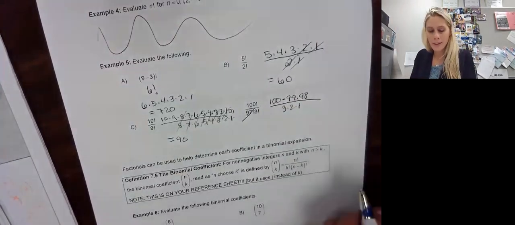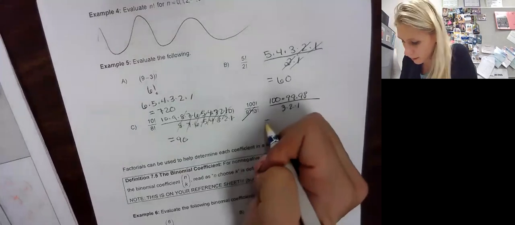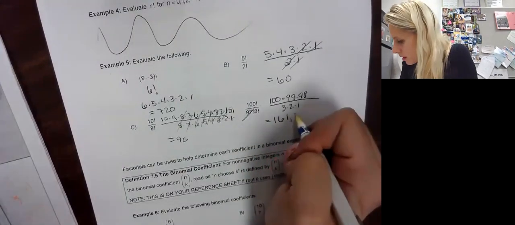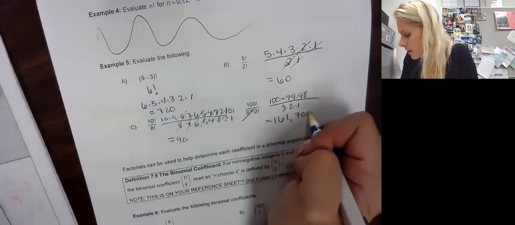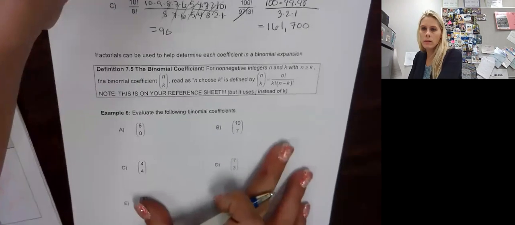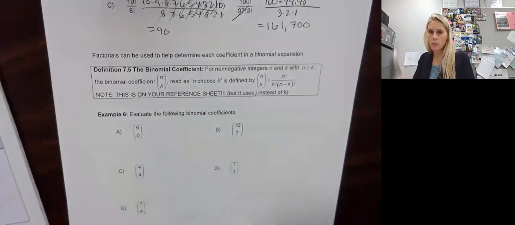And now I can calculate that out in my calculator. And I get 161,700. All right, so that's a little lesson on factorials, and that's what we're going to use with the binomial theorem.